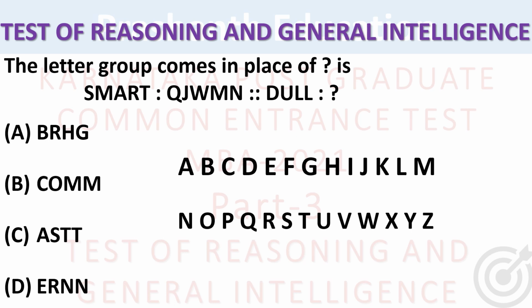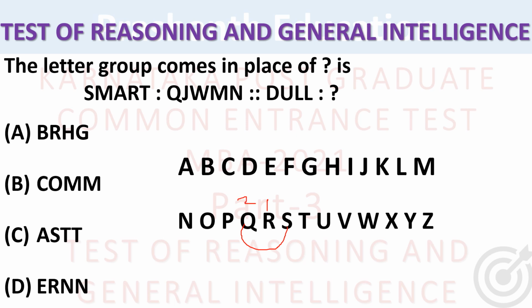Now, look at this word: 1 2 3 4 5, and this one also 1 2 3 4 5. So there will be a one-to-one relationship between these. So let's see the one-to-one relationship. S to Q, you have 1 2.